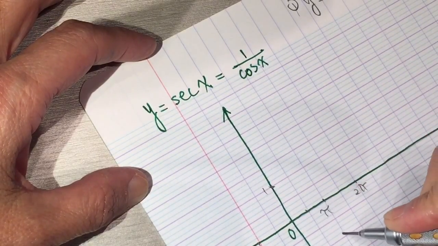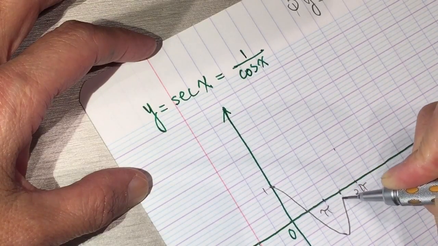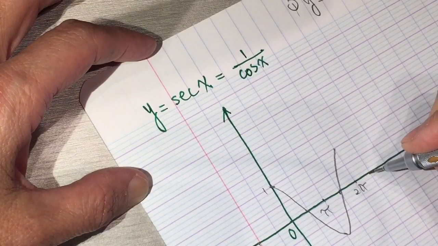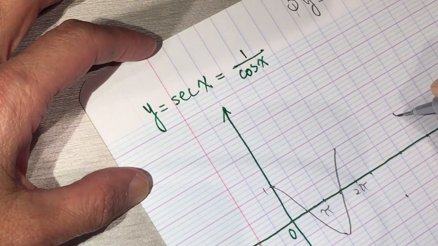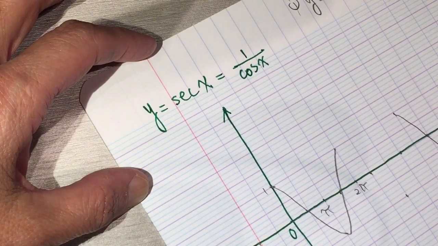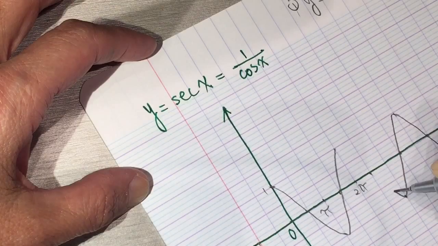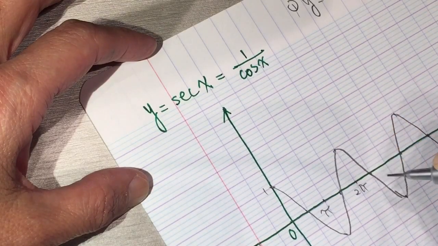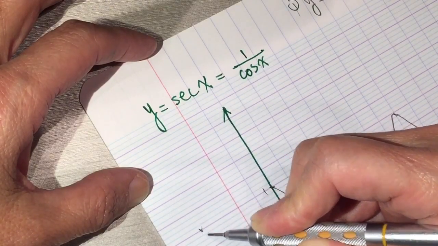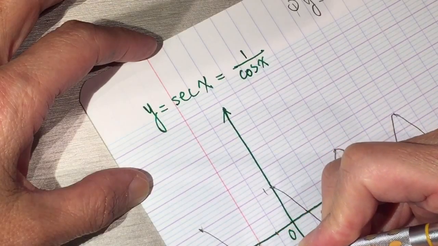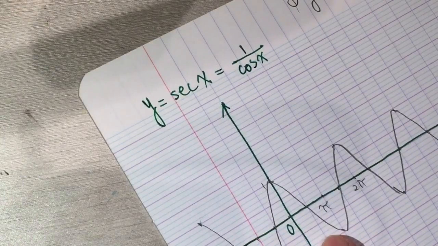So cosine is, keep on drawing. So this is a cosine x, right?